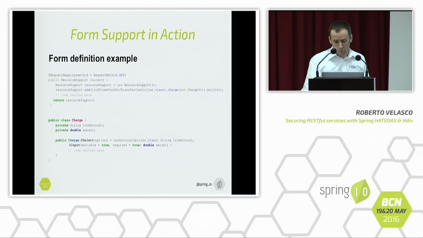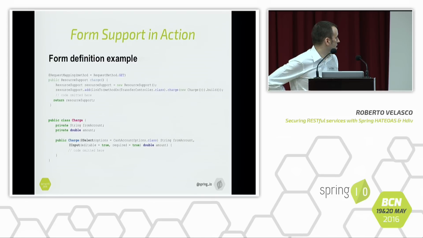So let's see an example of how it works. Okay. We have some code here. In the first part, basically we are creating the link of the submit, okay, of the submit of the form. And in the second part, we are defining a bean that is used by the transfer controller class, okay? And using annotations, in that case, this is an approach created by Dietrich, we are defining the form composition, okay?